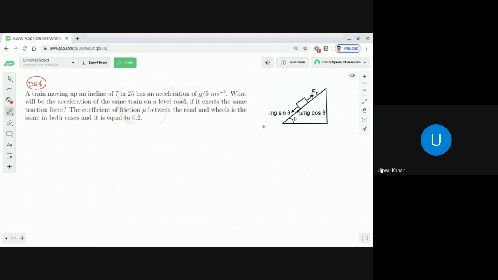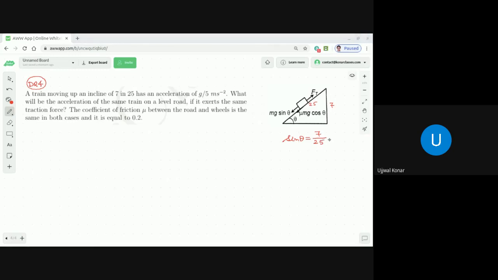So how it happens: when it is moving for that 7, the hypotenuse actually becomes 25. That is called 7 in 25. Got it, dear students? So if it is 25 hypotenuse and 7, sine theta is equal to 7 by 25.